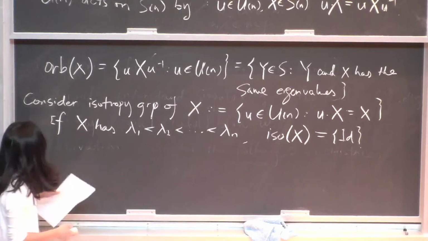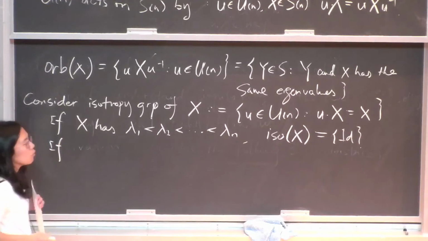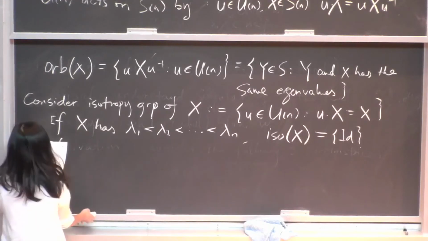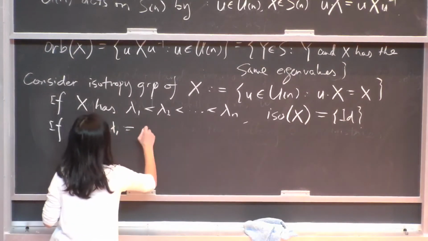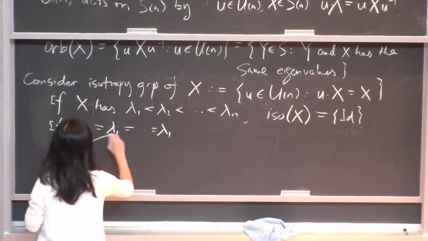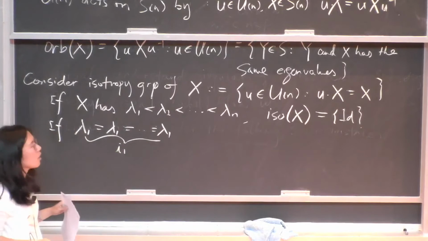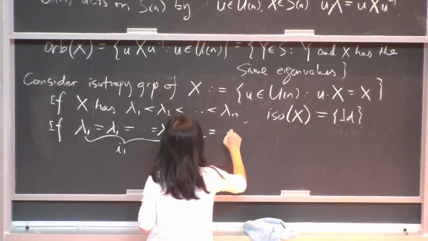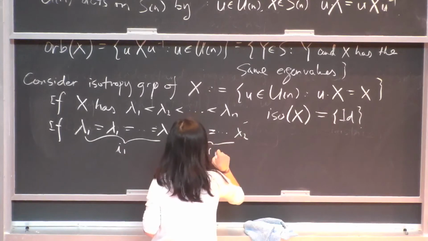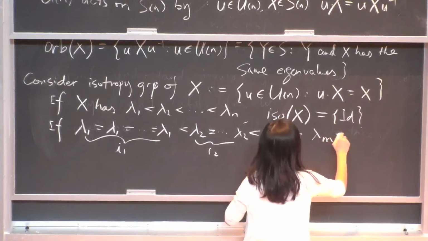Okay. And on the other hand, if the eigenvalues are grouped, meaning that there are clusters, say the first I_1 eigenvalues are the same, which I'll abuse my notation and call I_1. And the second class is lambda 2, I_2, and so on up to lambda m equal to lambda n.